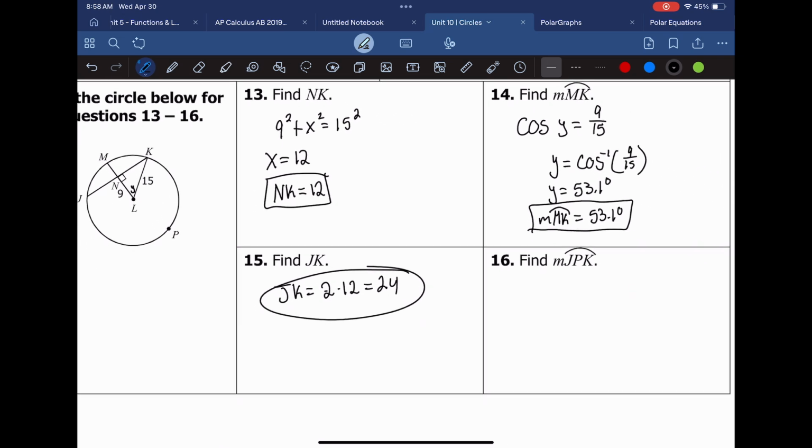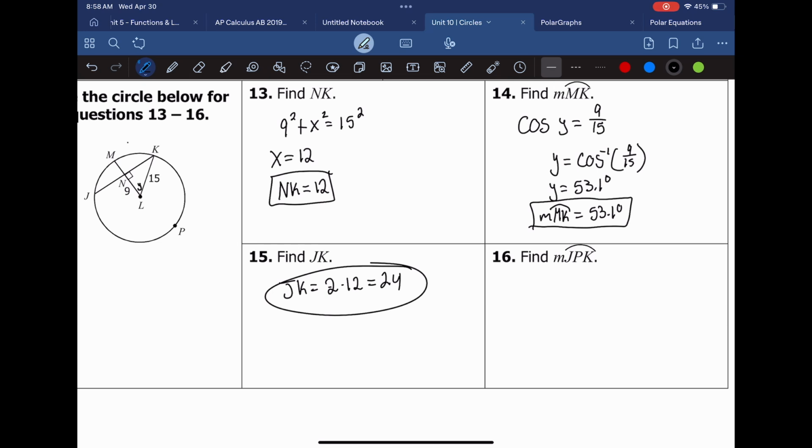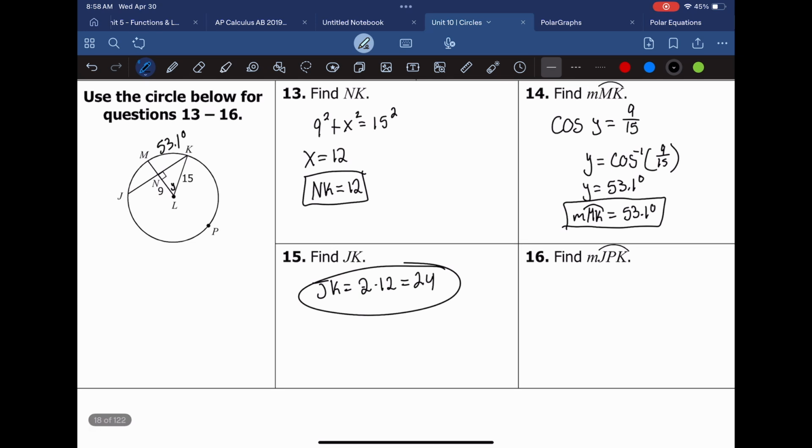16 requires a little bit more work, but now that we know that MK is 53.1 degrees, if we want JPK, that's this outside bit over here, we have to figure out how big this guy over here is, which is also 53.1 degrees. Again, that's because your radius, right here, is perpendicular to your chord.